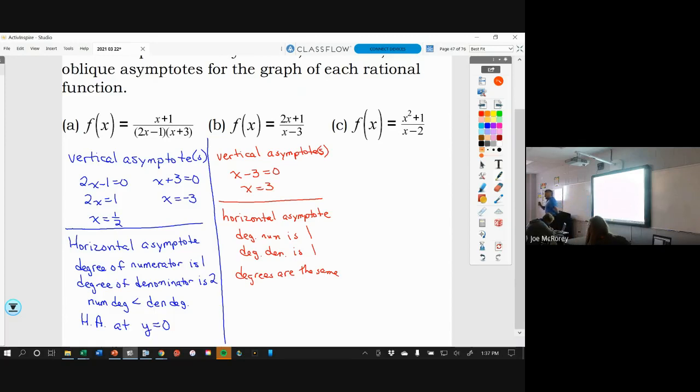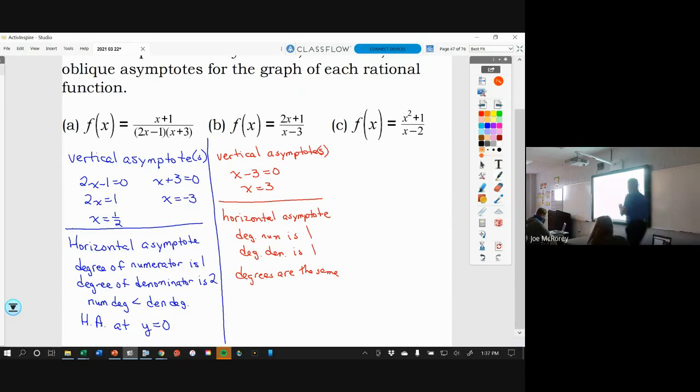When the degrees are the same, let's look at it this way. If I ignored everything except for the power piece of each numerator and denominator, all I'm looking at is the 2x divided by x. If I gave you 2x divided by x, could you reduce that? Yes. What would it be? 2, because the x's would cancel.